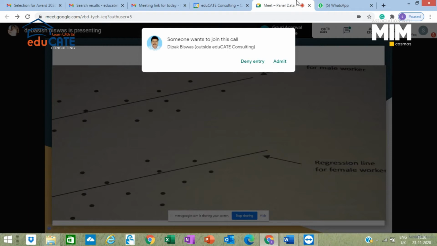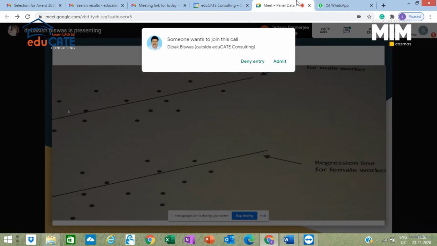So now in this case, what is happening? The intercept of male worker is this portion, and the intercept of female worker is this portion. Very good. And the second is the slope of male worker, that means the angle between the y-axis and this line.